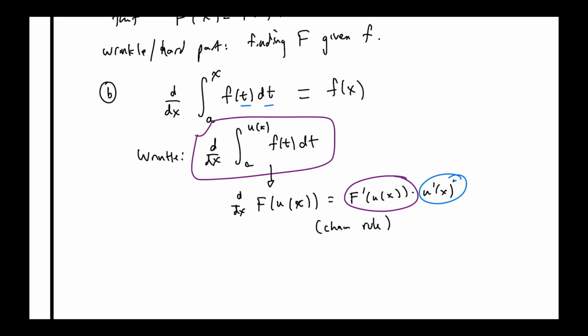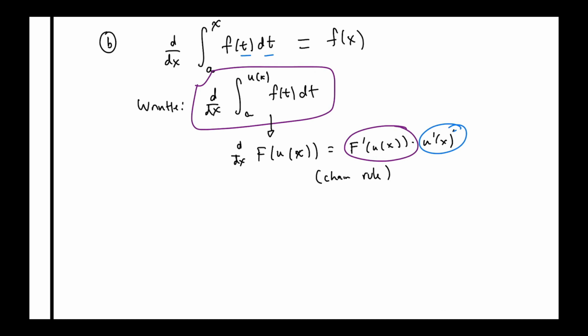But can we do a little bit better with rewriting this? Little bit, okay? Because what is F prime of u of x? What does that mean? This means take the derivative of F of x, then plug in u of x for x. Okay?